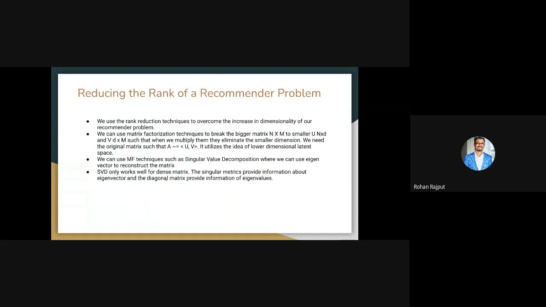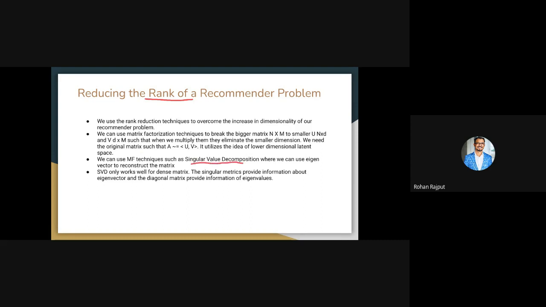Now, we talked about how we can reduce the rank of matrices to solve the recommender problem, but they also have their own problems. So what are the problems we have when we use these rank reduction techniques? One of the biggest problems is with the technique we used earlier to break down the matrix, singular value decomposition.